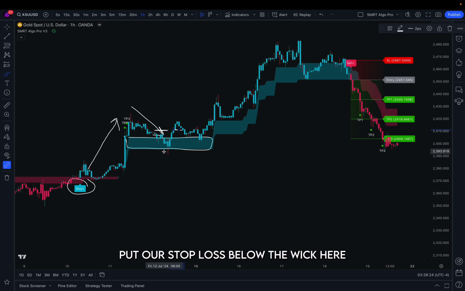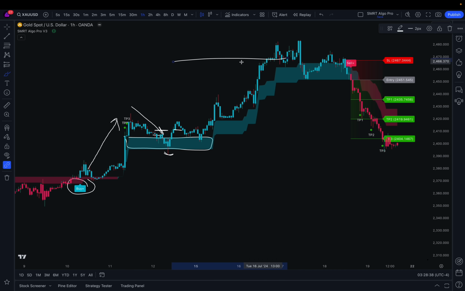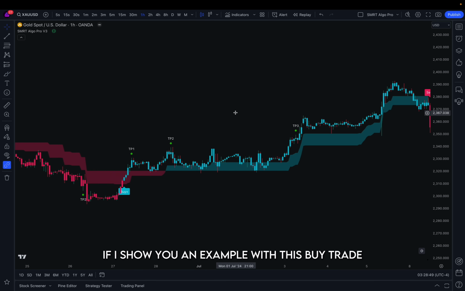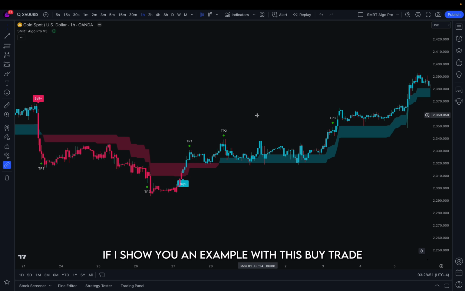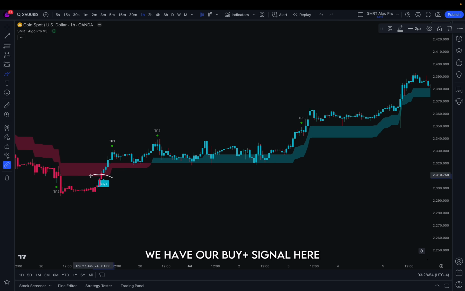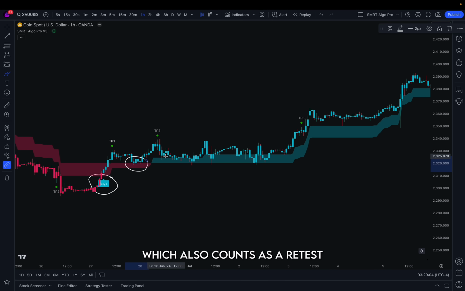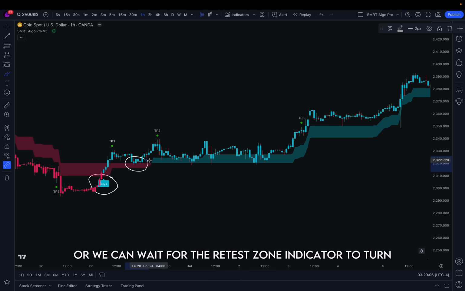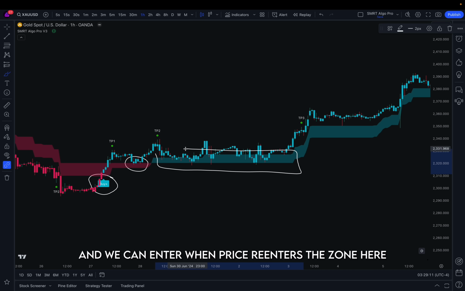Put our stop loss below the wick here, and you can set your target maybe 1 to 2, which would be around here. If I show you an example here with this buy trade, we have our buy plus signal. We can either enter here, which also counts as a retest, or we can wait for the retest zone indicator in blue, being bullish, and we can enter when price re-enters the zone here.